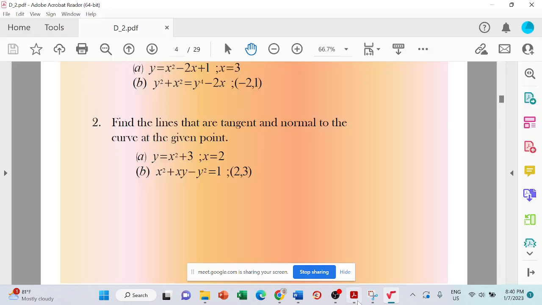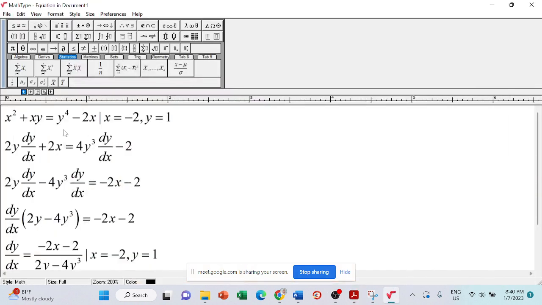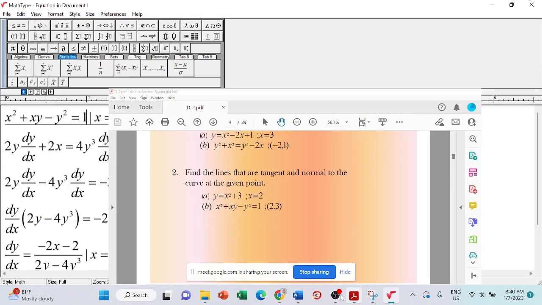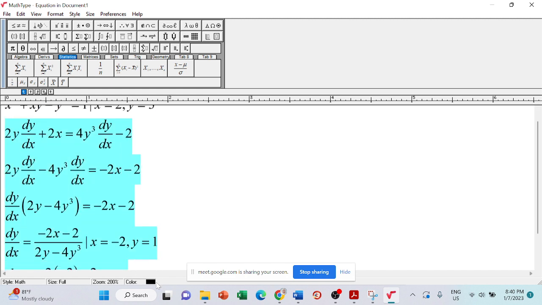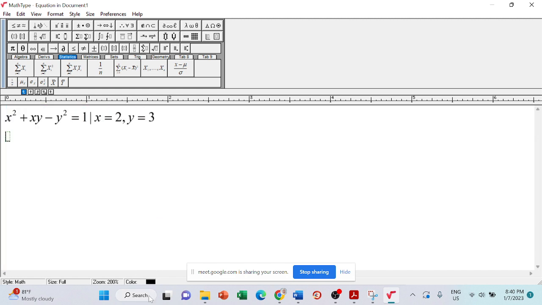Okay, let me copy the equation first. Minus y squared. So coordinate is x2, y3. Okay, so this is implicit.